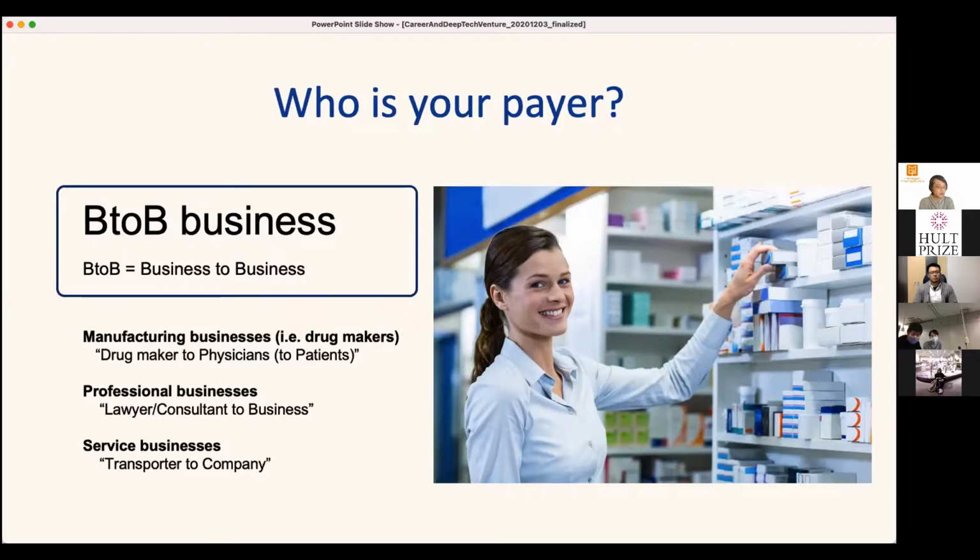So if the Kuroneko Yamato delivers stuff to your home, that's a B2C business. But if Kuroneko Yamato brings stuff to Seiko Mart, so that means Seiko Mart will sell that product to the customer. So Kuroneko Yamato does the B2B, because they deliver to a business, Seiko Mart. So this is a B2B business.